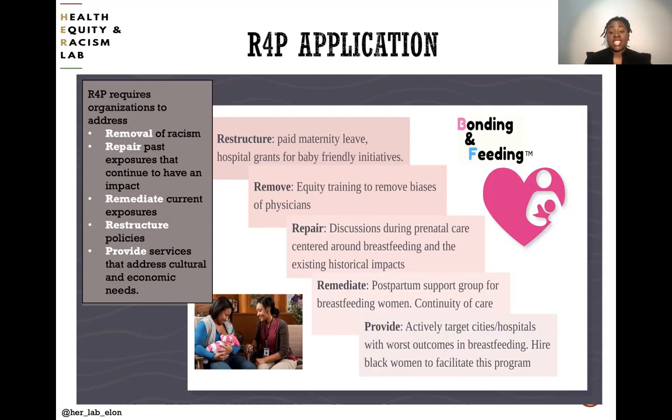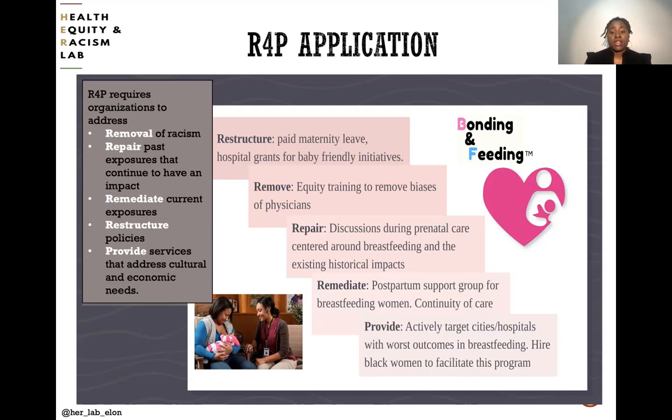Additionally, they decided they would hire Black women to facilitate this program, which also gets at the economic needs in that community, creates jobs, creates partnership within the community where you're going and you're seeing someone who looks like you.